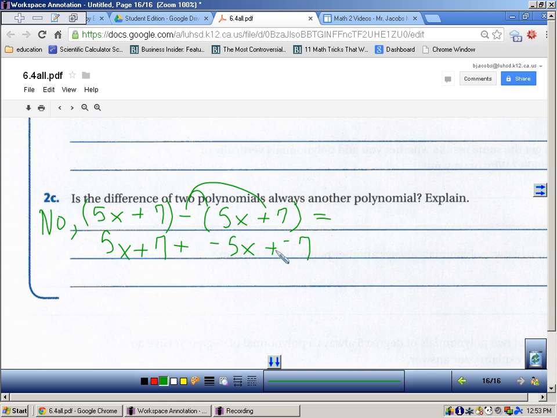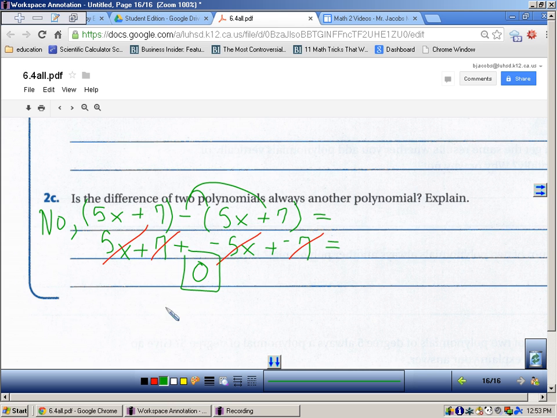Again, I like to keep the plus sign and just change the sign of the coefficients and the constant. And so we've got terms that cancel. And when everything cancels, you end up with 0. And so here's a case where two polynomials give you an answer of 0, which is an integer, obviously not a polynomial. I would say no.